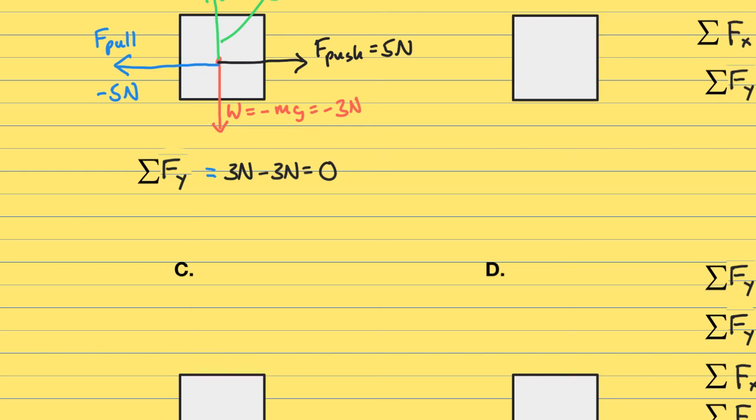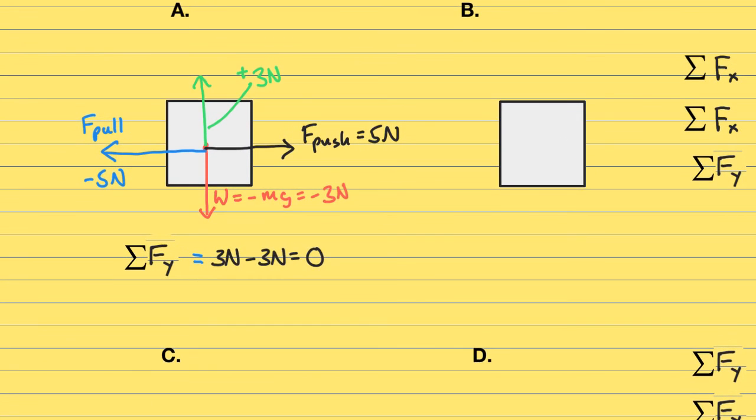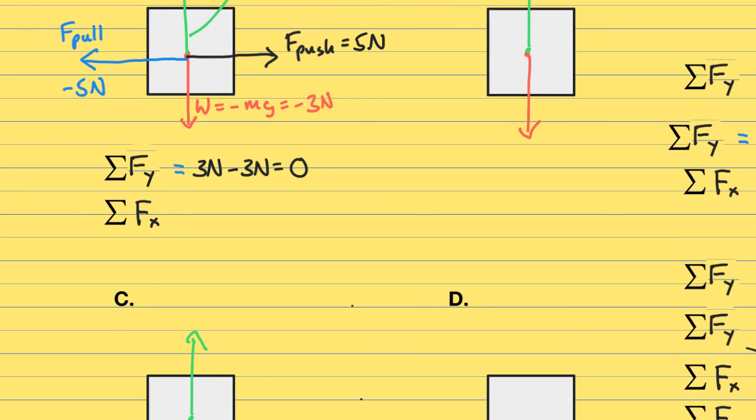And then we can also look at summation of forces in the x direction. So we can set that equal to the push force, which is a positive 5 newtons, minus the pull force, which is negative 5 newtons, so that it comes out to 0.